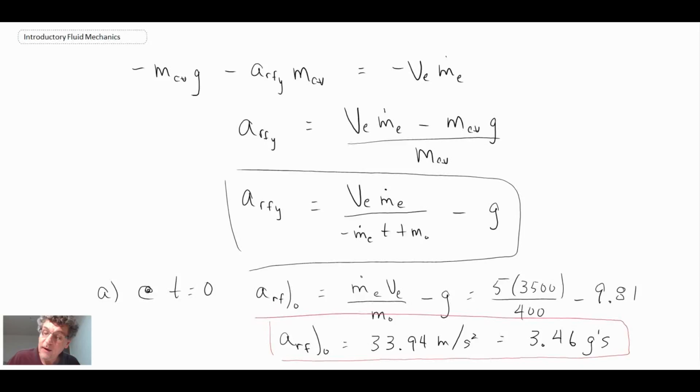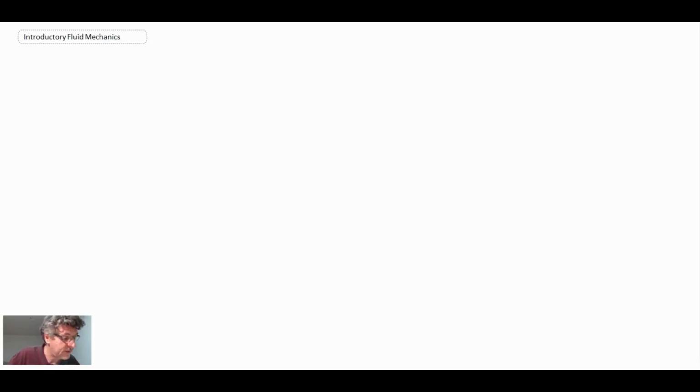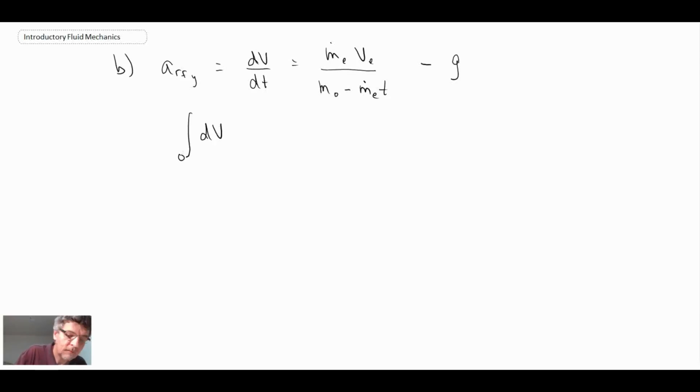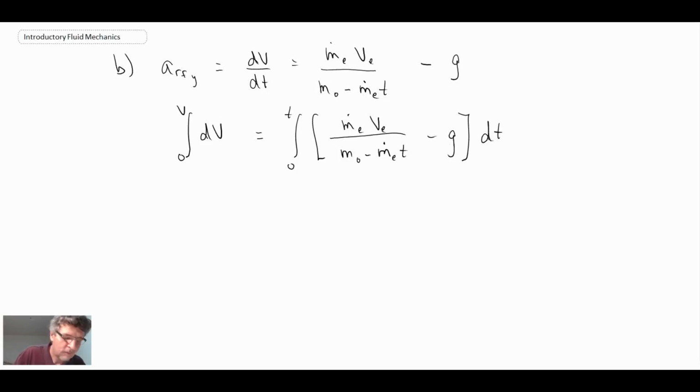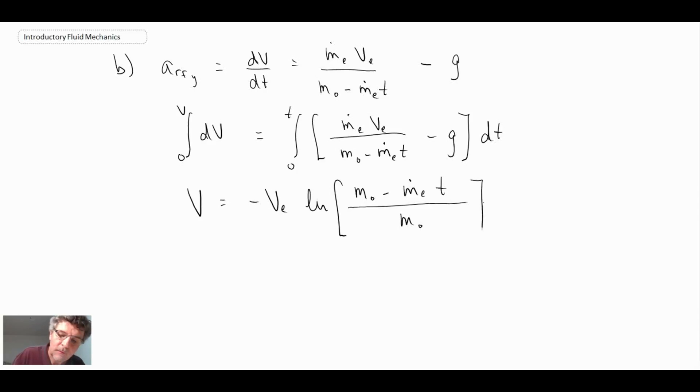And so for that, we will integrate the acceleration expression. And upon integrating this, we end up with the following relationship or expression. So that gives us an expression for the velocity as a function of time.